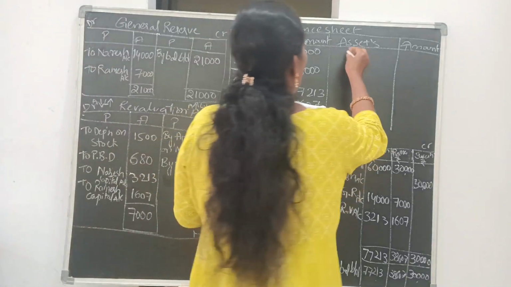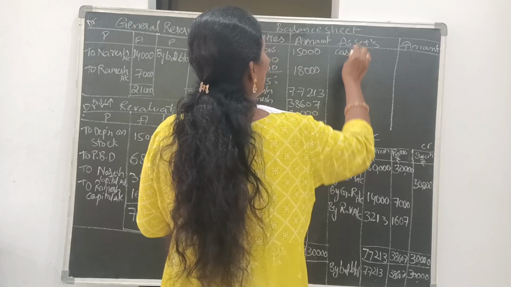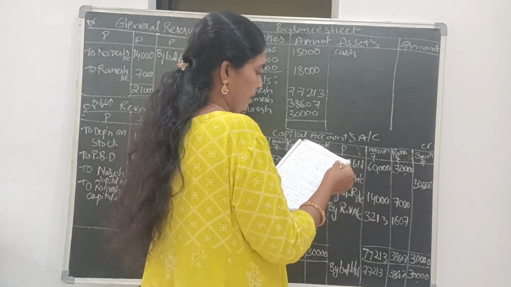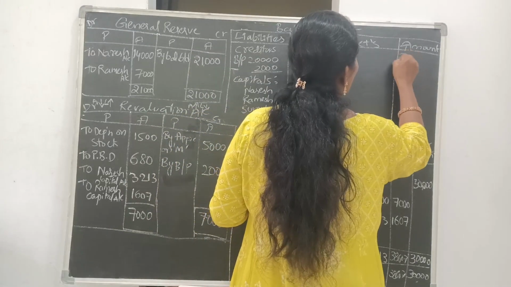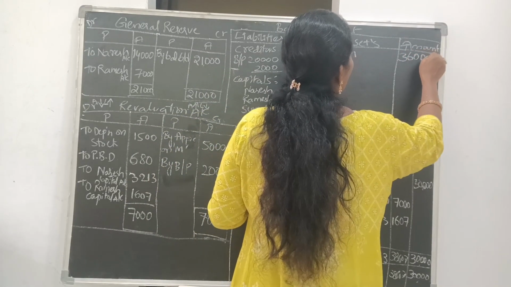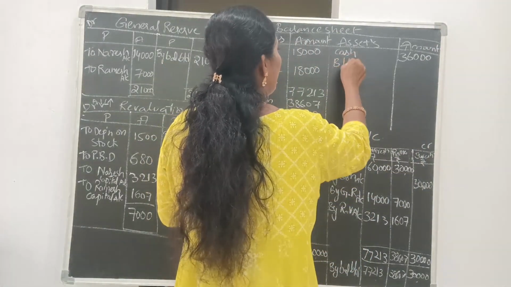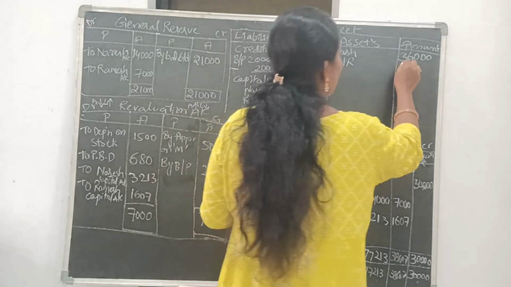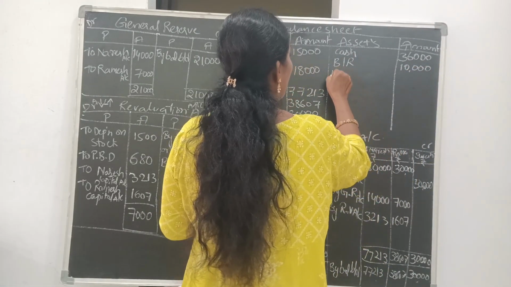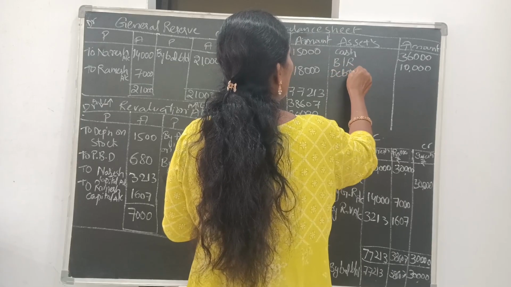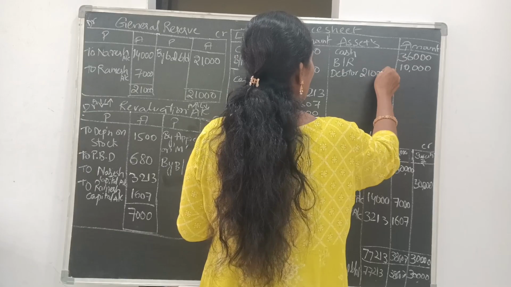Coming to the asset side, what is the closing balance of cash? 36,000. Now bills receivable, 10,000. Next, debtors. In the inner column write down 21,000.